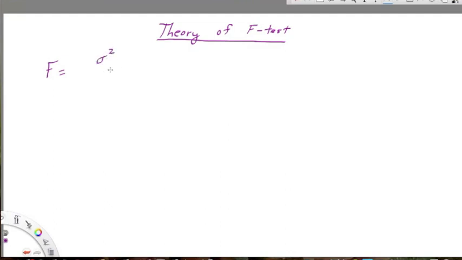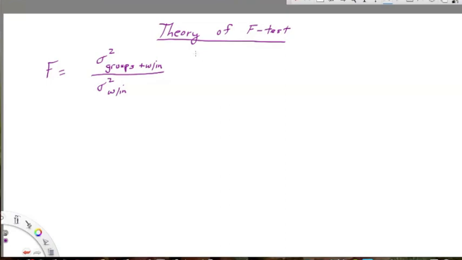And I've even given you the hint that the ratio is going to contain in the numerator variance due to being a member of a particular group plus variance that's due to within group variation, and then the denominator is only going to carry the within group variation.